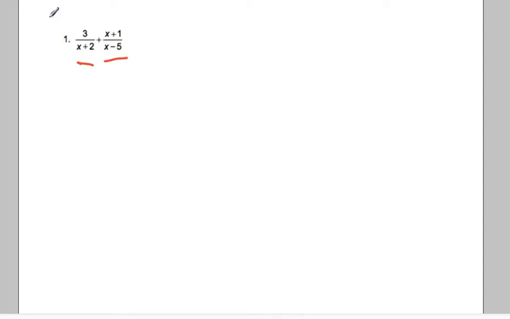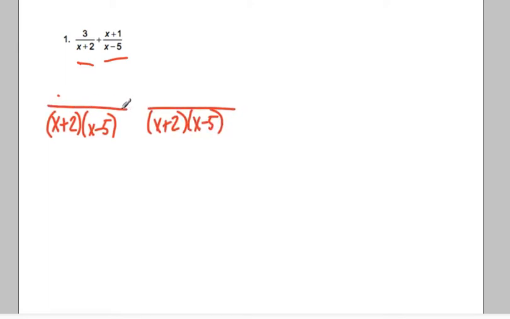So you would come down here below this and put a parentheses, x plus 2 and x minus 5, and x plus 2 and x minus 5. You're going to do that twice because you have 2 fractions. So then you say, okay, well, how did I get from x plus 2 to this denominator?